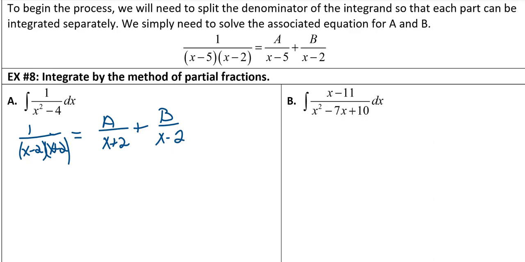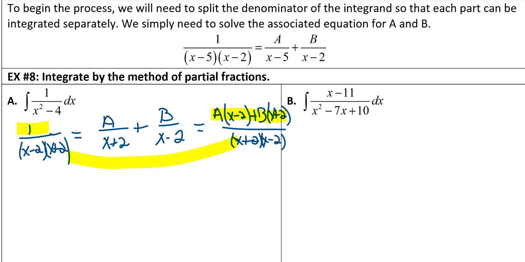From there, you can add these, and by doing that you have A times x minus 2 plus B times x plus 2, all over x plus 2 times x minus 2. Now, the expression in the numerator has to equal the 1, because the denominators are the same. So that's what we're going to do.